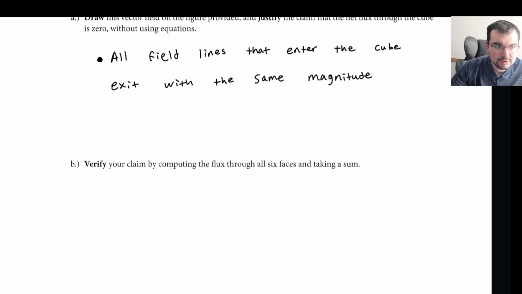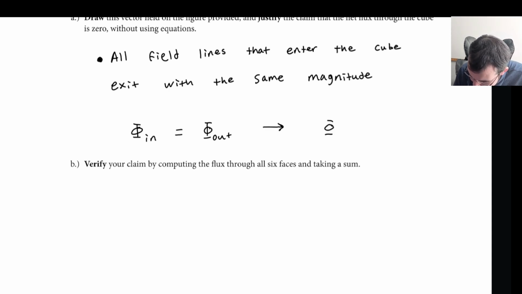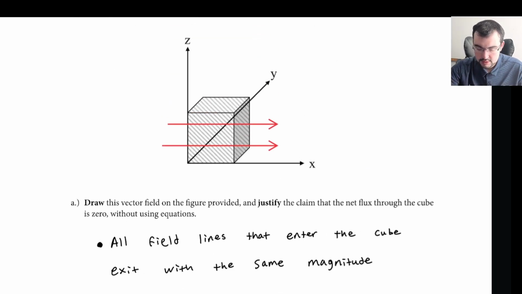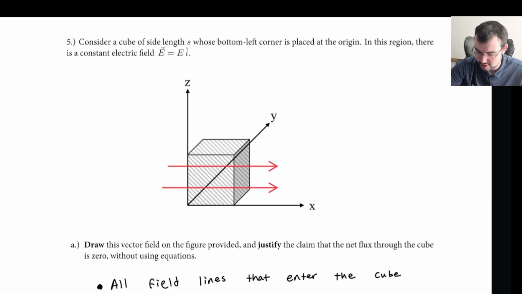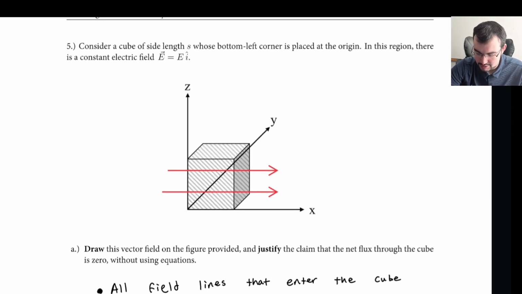So what that means is that phi into the surface equals phi out of the surface, which means that there's no net flow in or out. So just because field lines enter and exit doesn't necessarily mean the flux is 0, but here there's no change in value. So everybody that enters also exits.